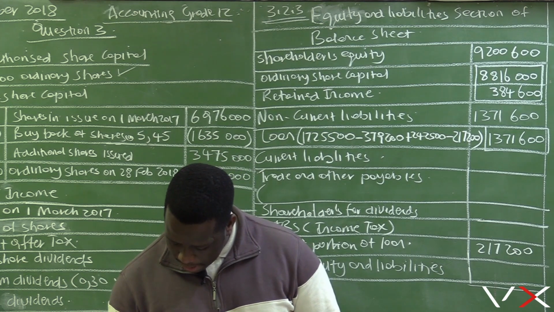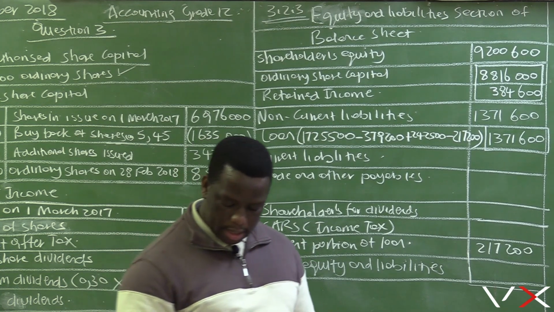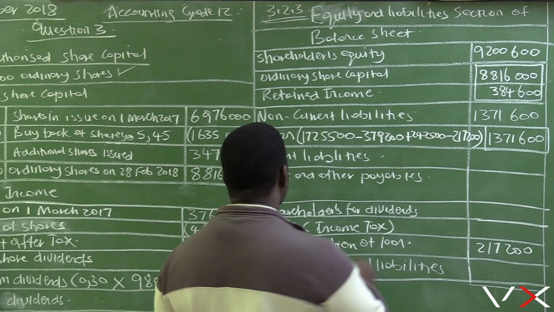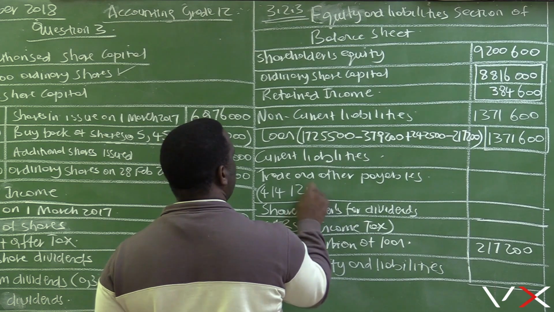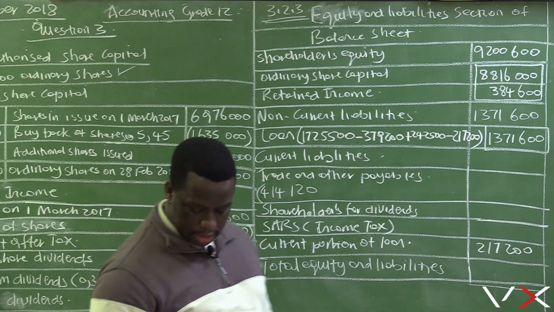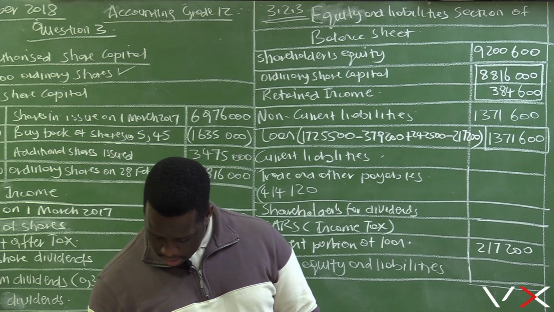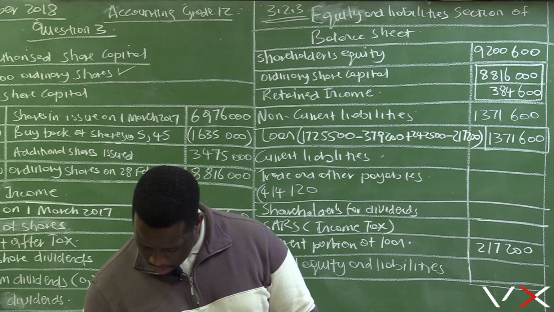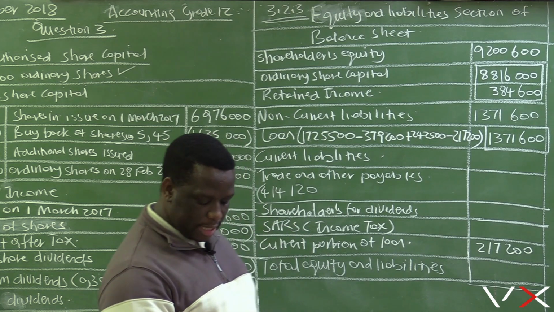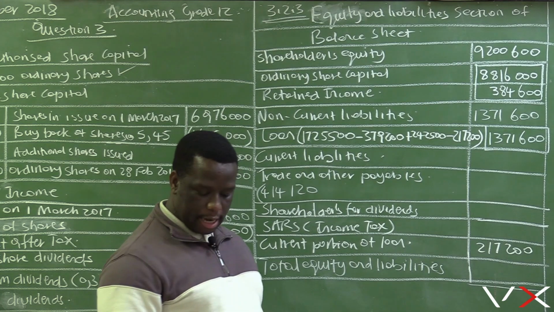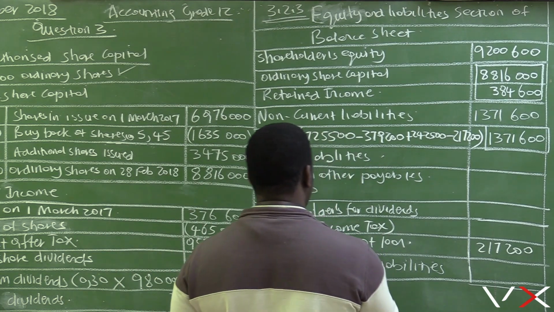So the trade and other payables, we have trade creditors amounting to 414,120. That's the trade creditors amount. And according to adjustment B, which we have done in the income statement for audit fees, there was an accrued expense of 21,800.